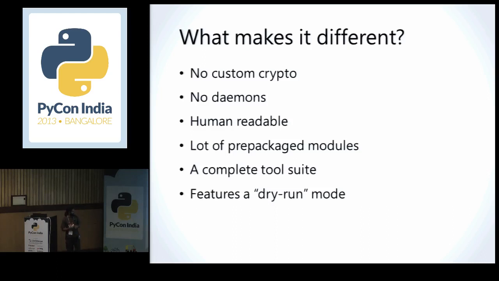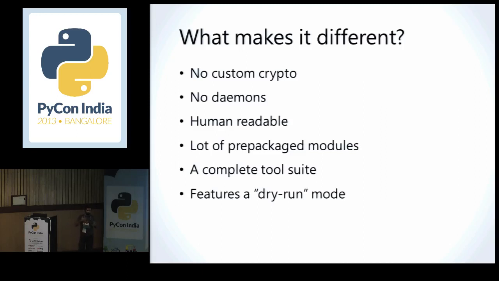One thing I like about Ansible is it features a dry run mode, wherein you can dry run your orchestration before you actually execute it, whereby you get to know how many of your tasks actually impact your system.